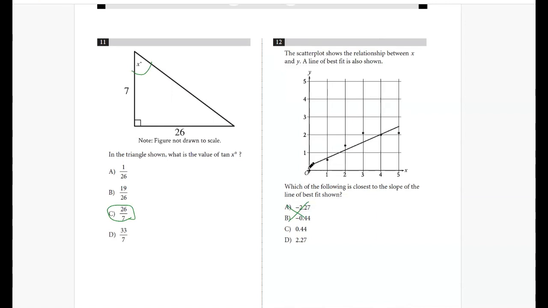Now, if I approximate, we can assume 2 points, (0, 0) here, and then (2, 1). So 1 minus 0 over 2 minus 0 is 1 over 2, which is 0.5. And the closest answer choice is C. So C is the correct answer.